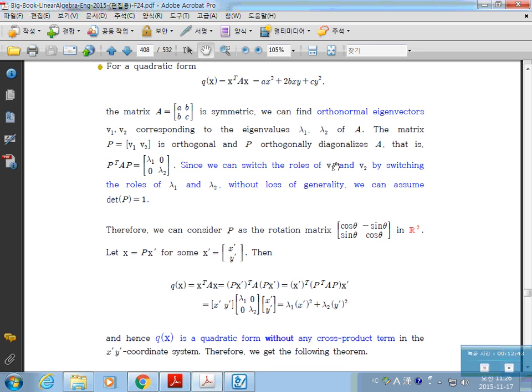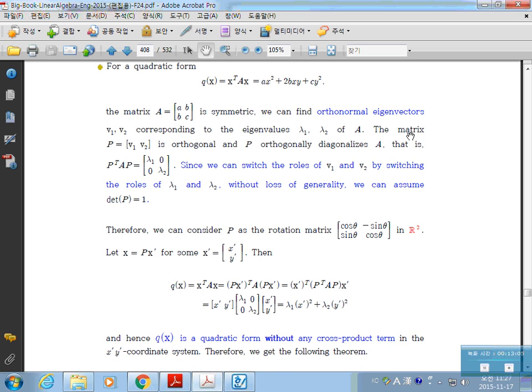If we switch lambda 1 and lambda 2, then the columns of P just change, because V1 and V2 are the corresponding eigenvectors to the eigenvalues lambda 1 and lambda 2.